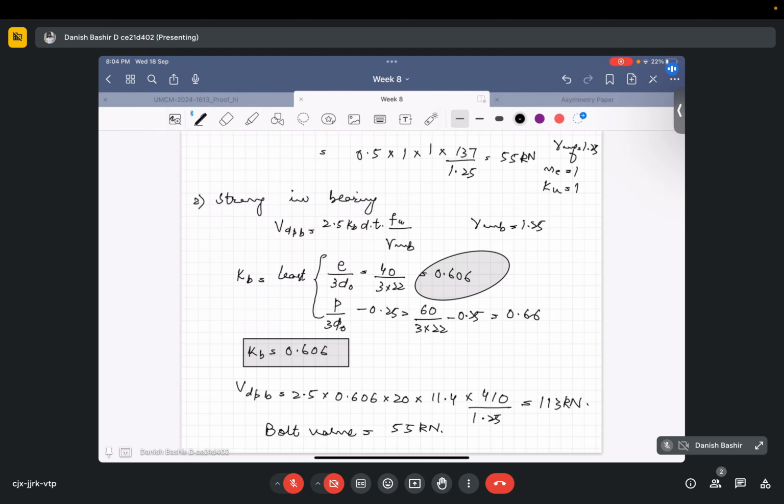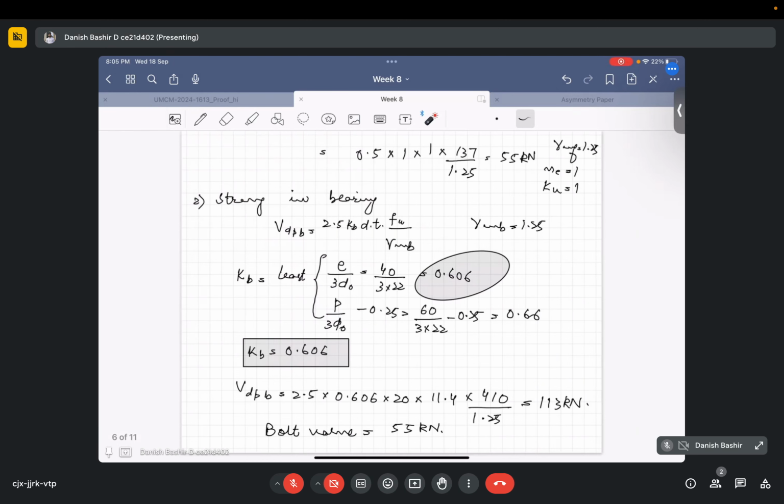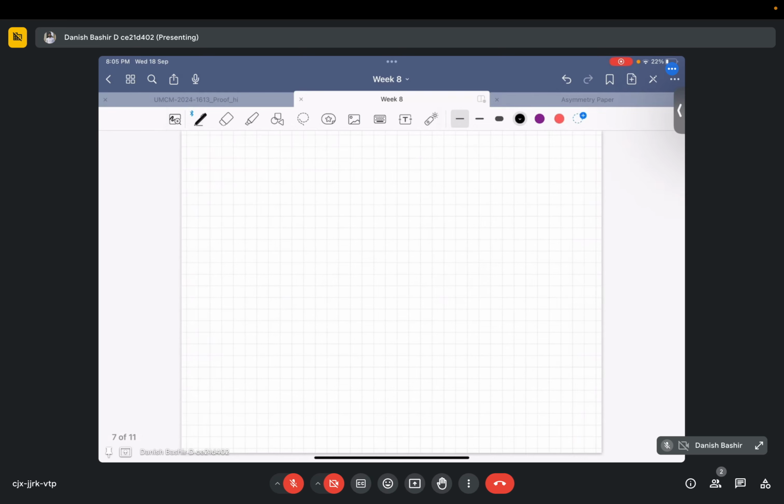Okay, now I will take this one bolt because all these bolts are symmetric. These four are common, these two are different. So R will be the same for these four, and R will be the same for the other two. If I take this as the central line, this bolt is at this distance.